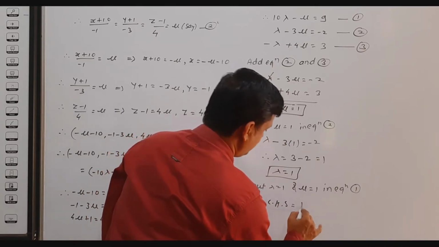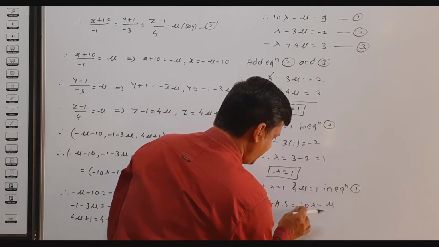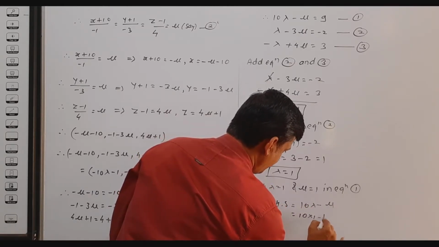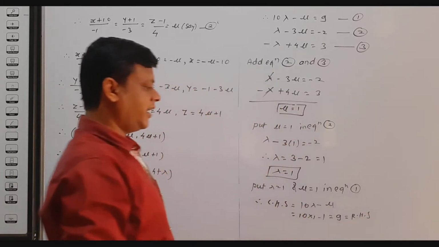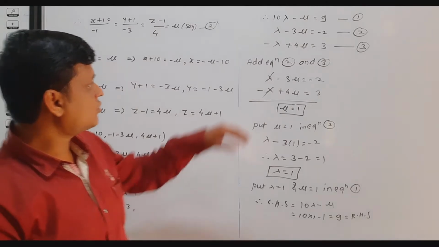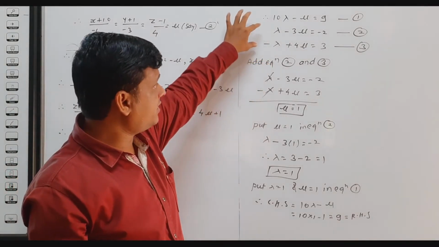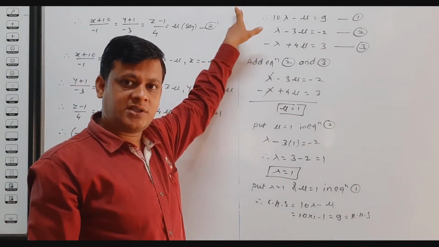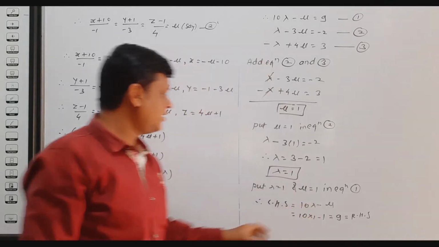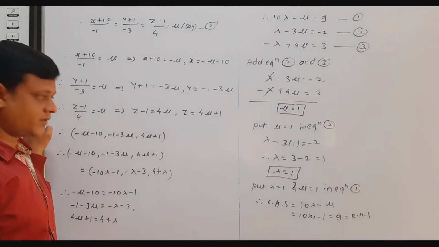LHS is equal to 10 lambda minus mu. So we write here 10 into 1 minus 1, which is equal to 9, which is equal to RHS. That means when we solve equation 2 and 3, we obtain the values of lambda and mu. If we substitute those values in the remaining equation, if that equation is satisfied, that means the two lines intersect each other.